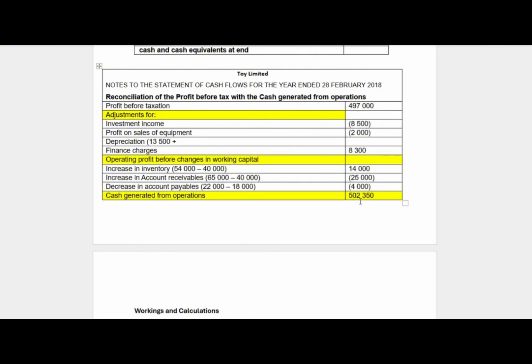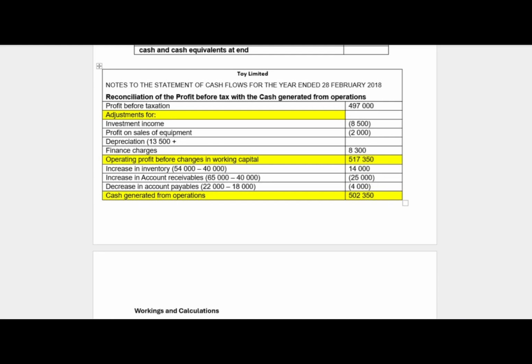But now, because we are reversing the calculation, we are going to add 4,000. We are also going to add 25,000, and we are going to minus 14,000. Right? I am getting 517,350. That is your operating profit of 517,350. Right? You see now.